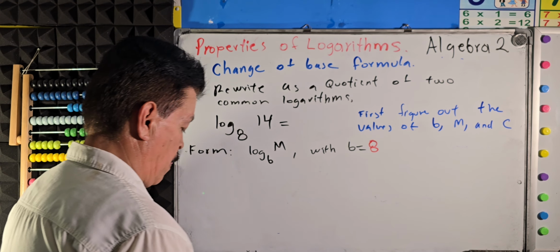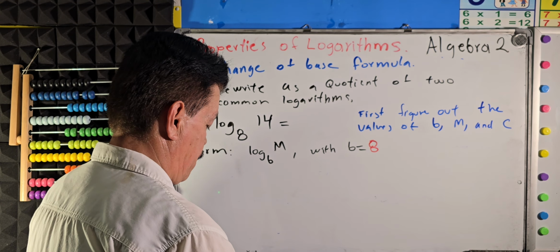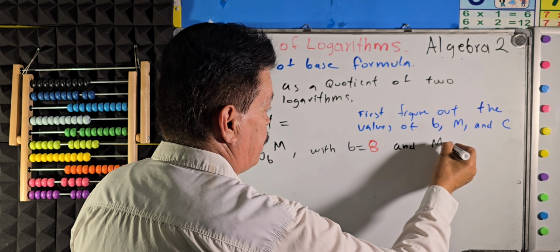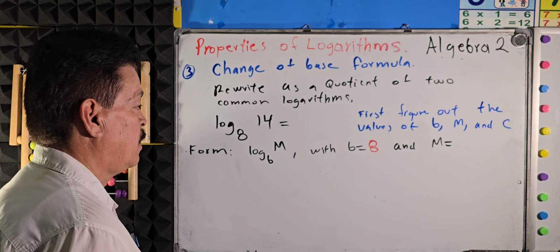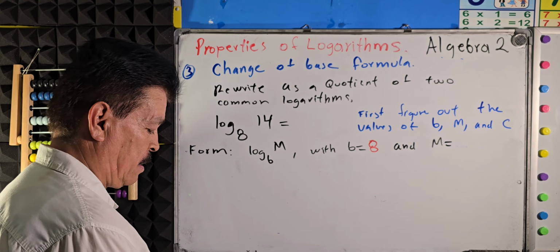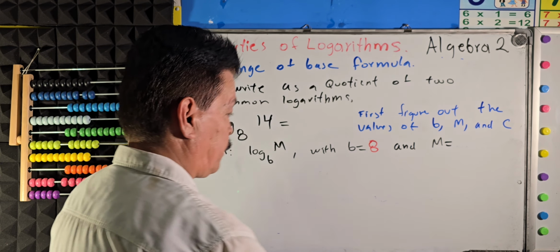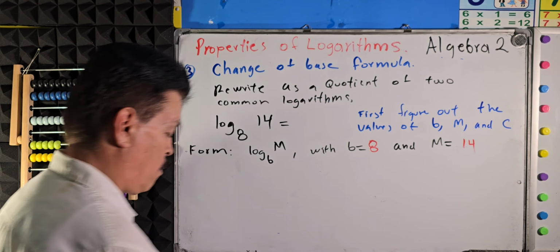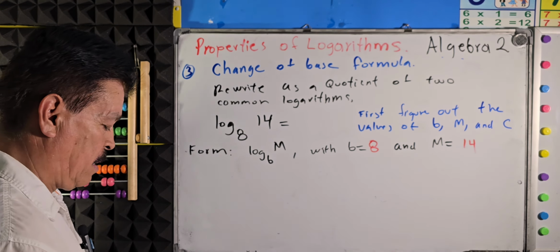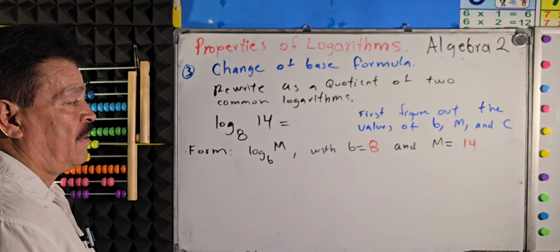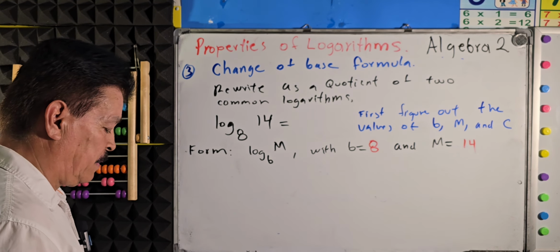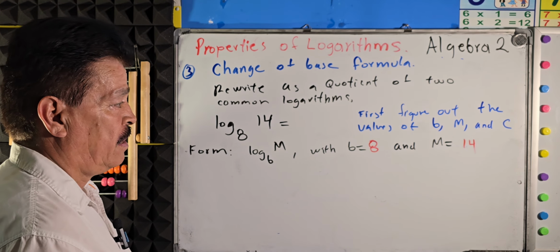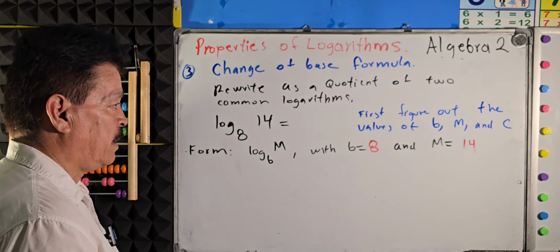And M equals, how much is M? M is 14. All right. So finally, complete the change of the base formula. Now complete the change of the base formula.